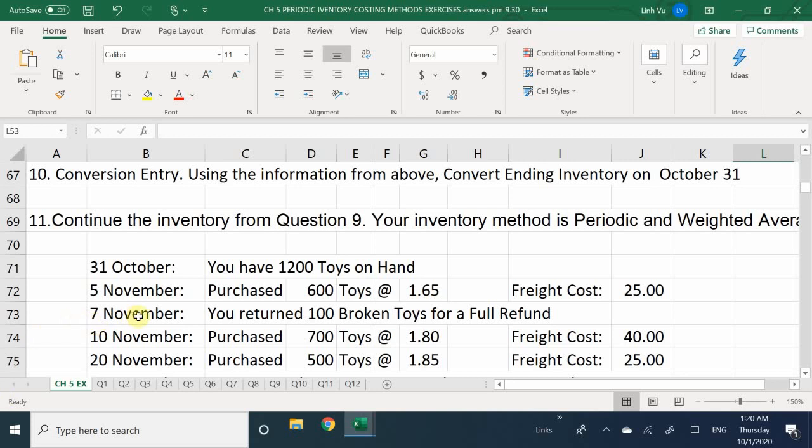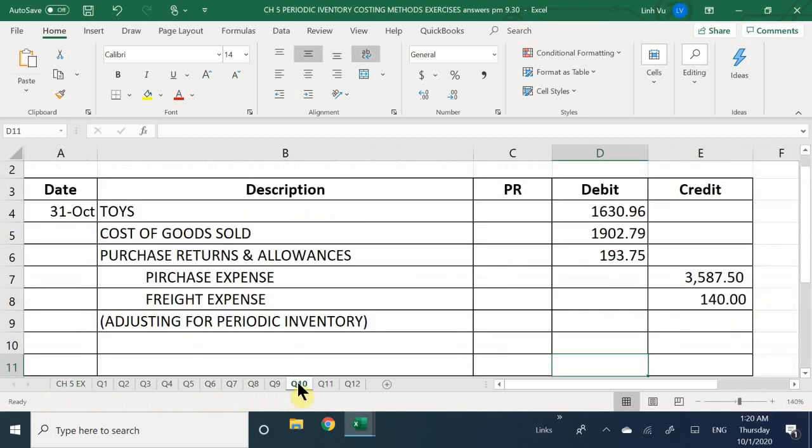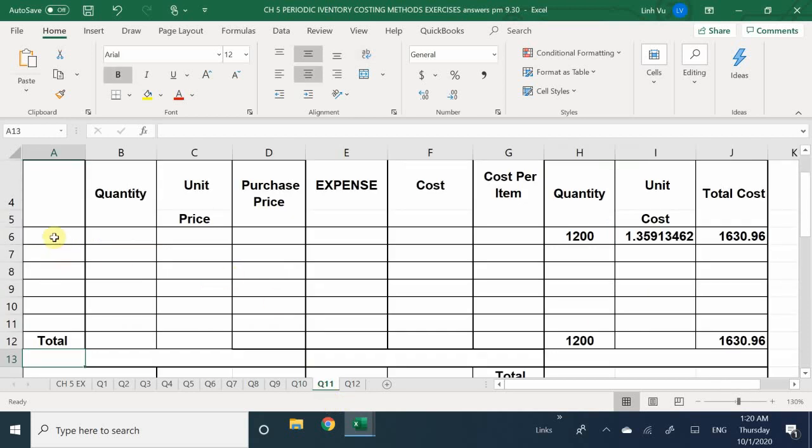So, 600 at $1.65, $25 freight. November 5th, we bought 600 at $1.65, and freight was $25.